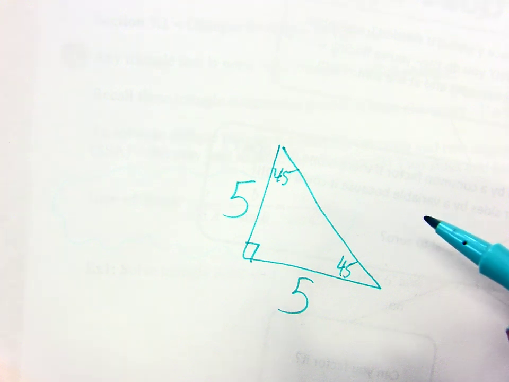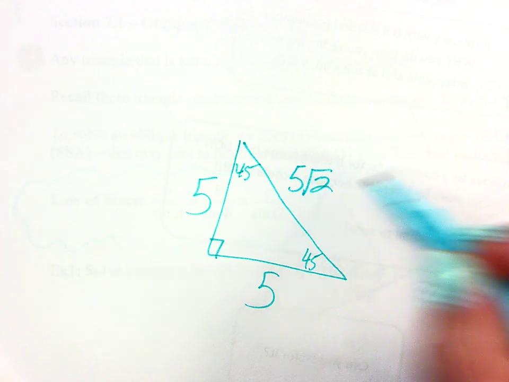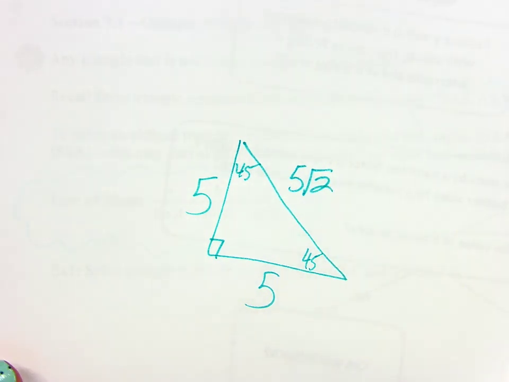It's 5 root 2. Remember special right triangles? Okay, so according to the law of sines, if I take any side and divide it by the sine of the angle it's across from, it's going to be equal to any of the other ones.